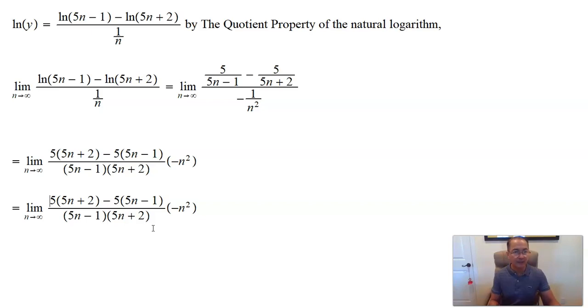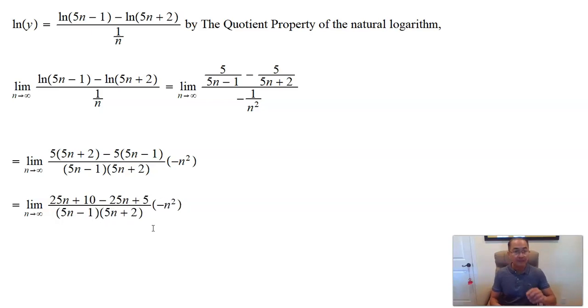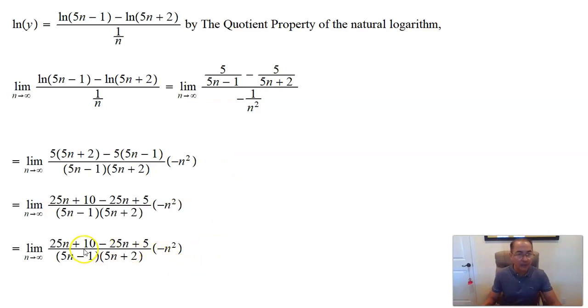Distribute 5 times 5n, we're going to get 25n. And then 5 times 2 is 10. So 25n plus 10. And then minus 25n, and that's going to be a plus 5. Okay. Same denominator, and then times negative n squared. Okay, so now the 25n and the minus 25n cancel and go away.